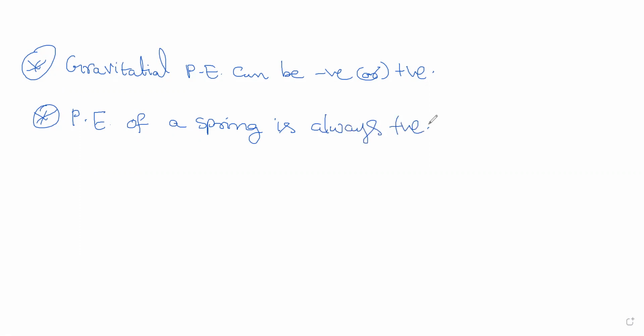The question can be like, which one is correct? Which one is wrong? Potential energy of the spring can be negative or positive. Potential energy of the spring is always negative. Potential energy of the spring is always positive. None of these. So like this, a question can come. For that, you have to remember this point. Potential energy of the spring is always positive. Gravitational potential energy can be negative or positive.